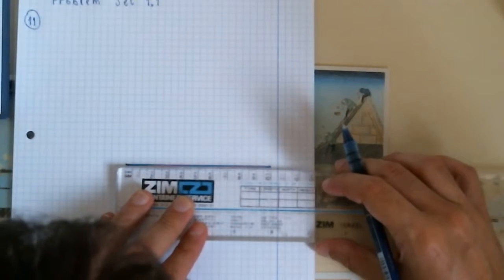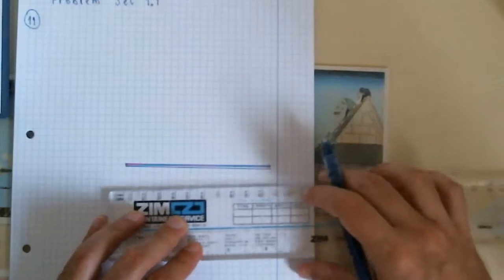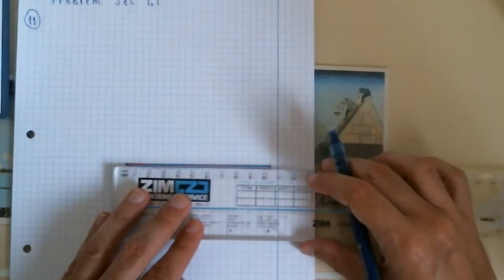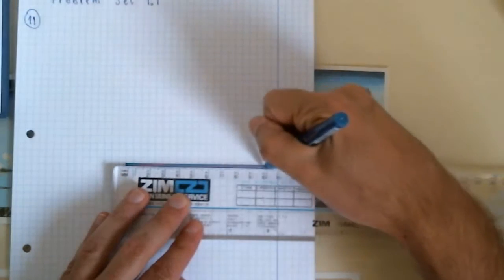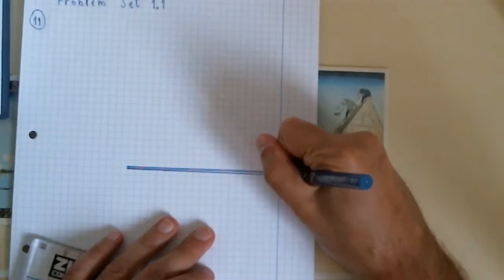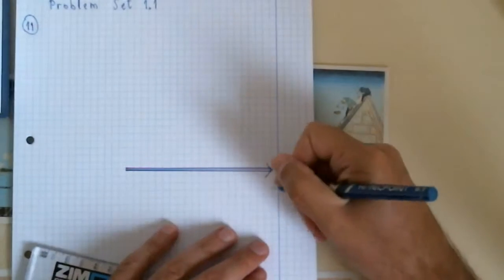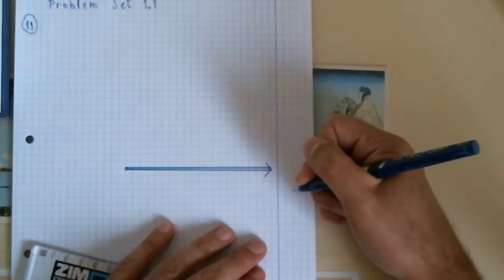I'm making it a little thicker so that you can see the color. This is the blue vector, and it's called J.